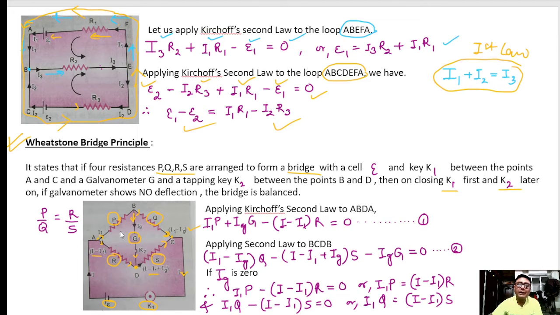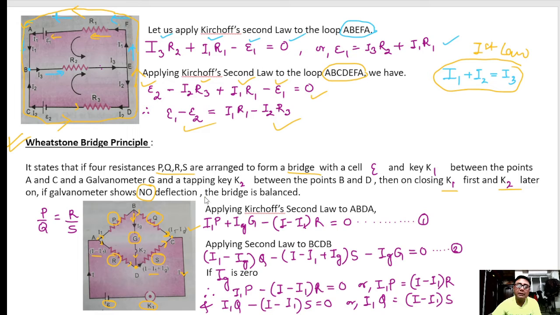Now what we have to do is choose the values of P, Q, R, S in such a way that there is no deflection in the galvanometer.